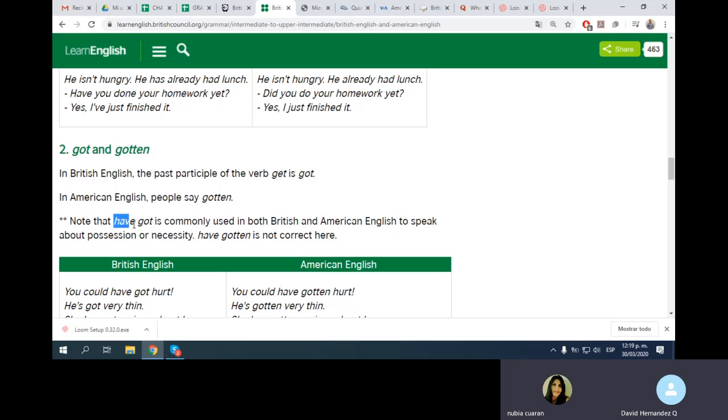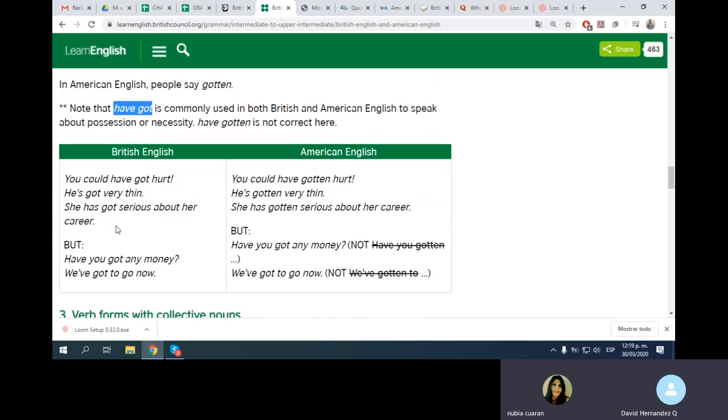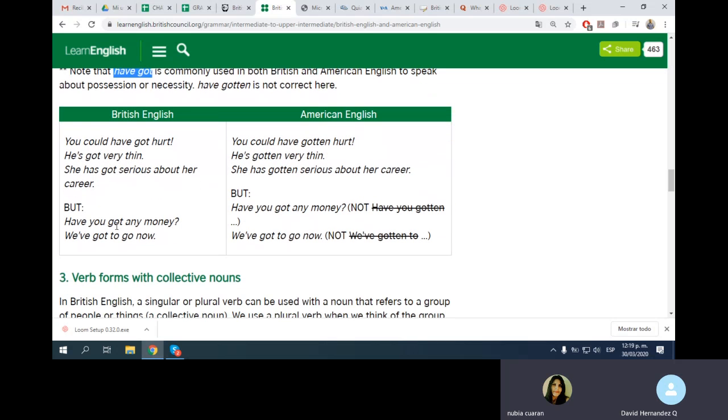Entonces, si yo digo I have two children, es lo mismo que si digo I have got two children. Entonces lo vas a ver mucho más en británico que en americano, pero si te aparece, ya sabes que es lo mismo que have para indicar posesión o necesidad.